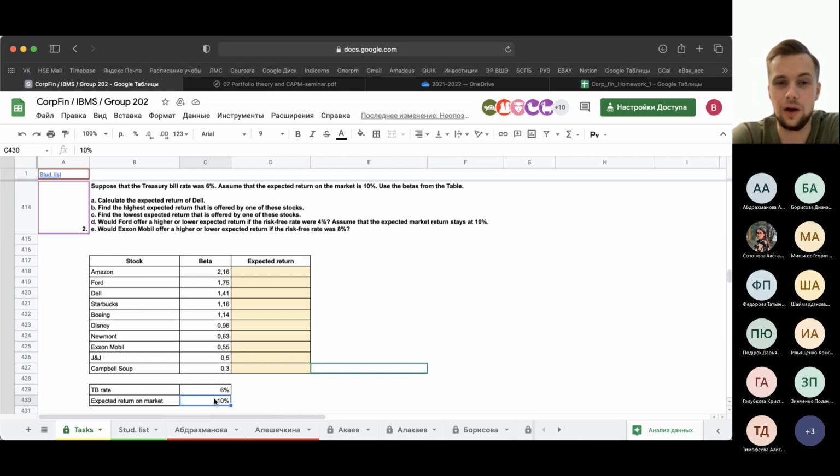By the way, how should we calculate the expected return in this case? What model do we use? No suggestions?